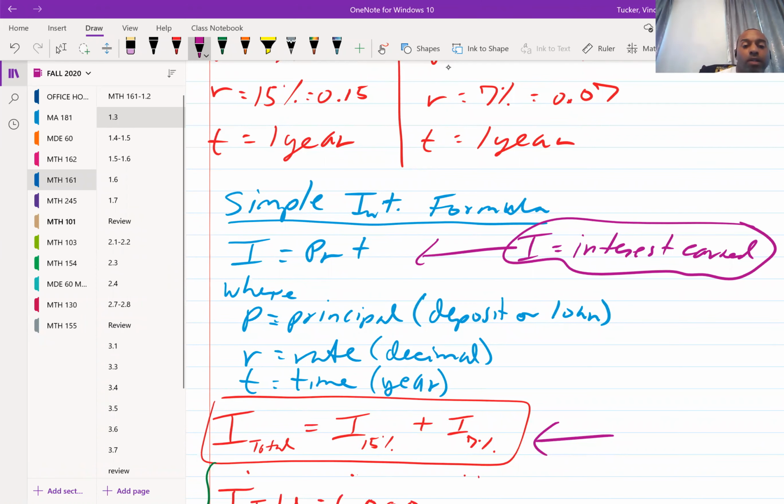So we're just talking about a year here. So the total interest earned is going to be equal to the interest earned in your 15% account plus the interest earned in the 7% account. That's what this red box here is stating for us. That's our equation. We have our interest total equal to the 15% account interest earned plus the 7% account interest earned.